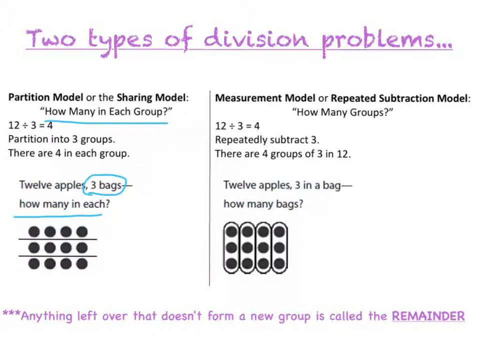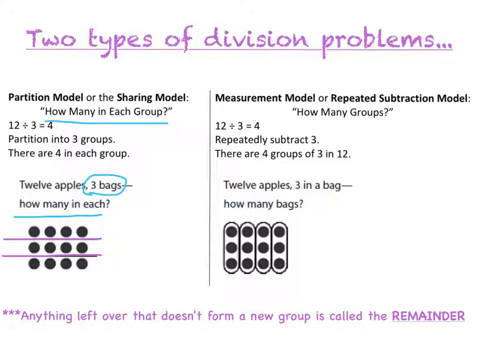We can see with this diagram right here that there are 12 apples represented by these black dots. And if we separate or partition them into 3 equal-sized groups by drawing this line, we will see that there are 4 apples in each bag. So now we know that 12 divided by 3 equals 4.